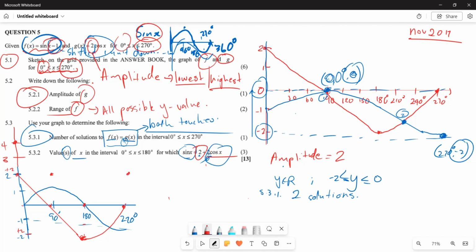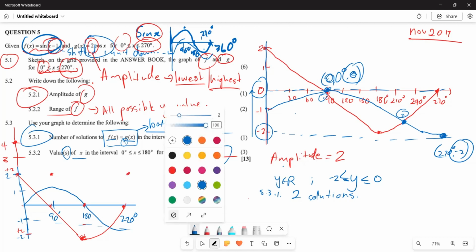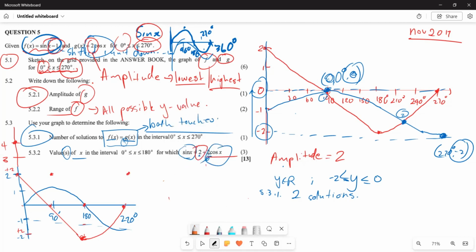So if, let's say, I had to plot this new graph now, these two graphs that we are having here are going to look something like this. Obviously this is not to scale, but it touches here and here, right? And now I want us to look at the blue graph. Now the blue graph is the graph of sine x.